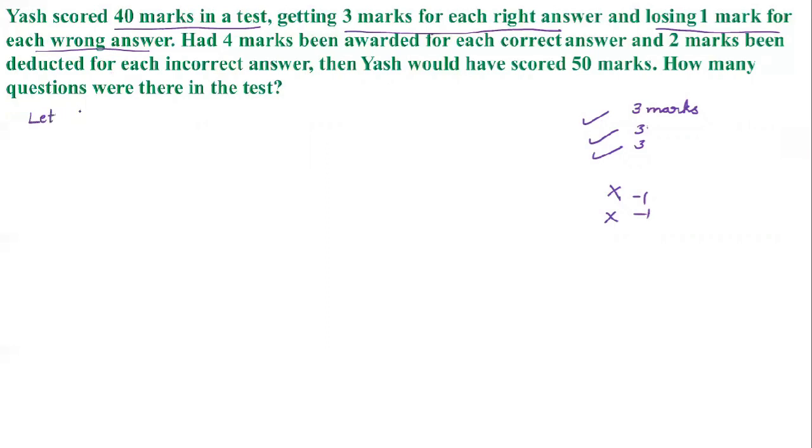Now we don't know how many right answers he has written. So let the number of questions attempted correctly, the number of questions he attempted correctly, be x.